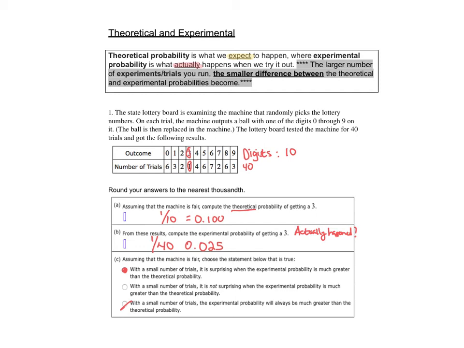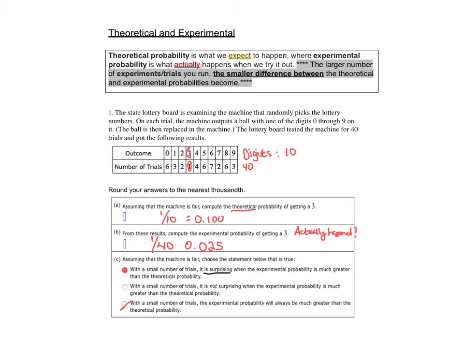So based on the statement above, with a small number of trials, it is surprising when the experimental probability is much greater. That is unusual. We're not saying it is greater, because it's not greater. 1 out of 40 is not greater than 1 out of 10. But it is surprising when it is greater.